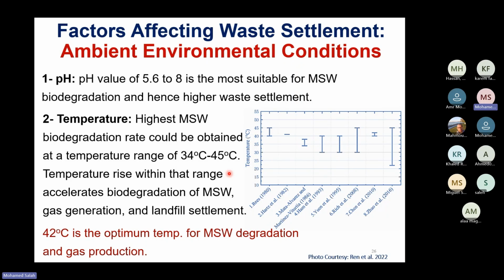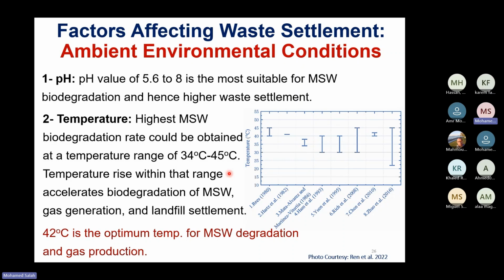So a certain pH value could enhance or catalyze this reaction. A pH of 5.6 to 8 is considered the most suitable value for the biodegradation of the municipal solid waste, and consequently, we will have a higher waste settlement.